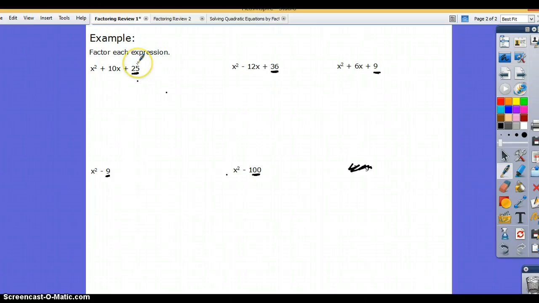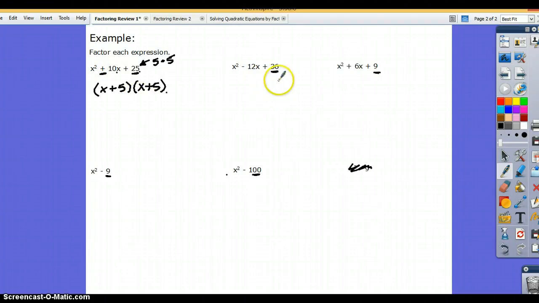The square root of 25 is 5. So this is made up of 5 times 5. Then think about whether they add to that middle number, or subtract and become 0. If they add to the middle number, like 5 plus 5 is 10, perfect. x plus 5, x plus 5. They're plus because of that.